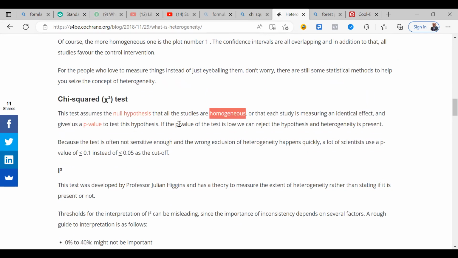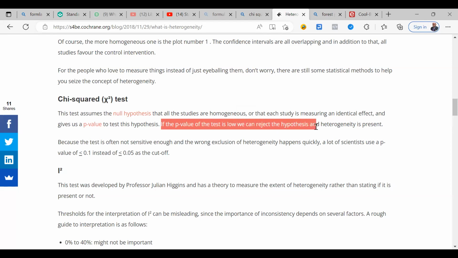Now, if the p-value of the chi-square test of heterogeneity is low, we reject the null hypothesis, and we will say that heterogeneity is present.